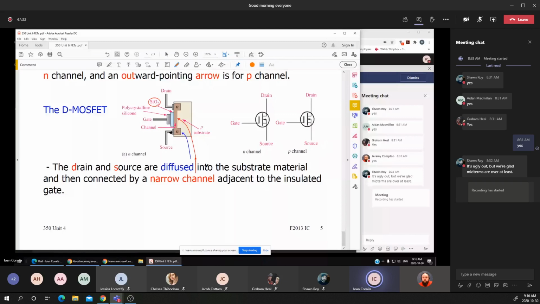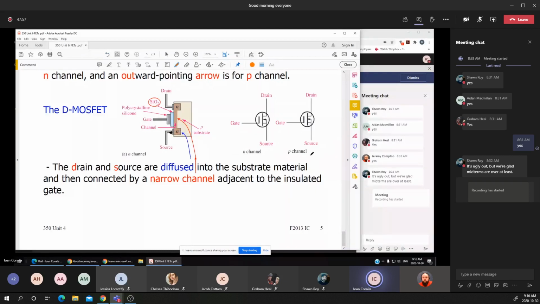And the same observation: if the arrow is pointed to the channel, that's an N-type channel. Again, this is referred to the substrate and the channel that is actually created between the drain and the source.